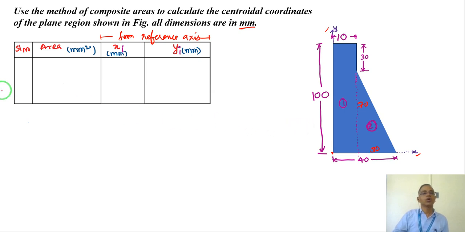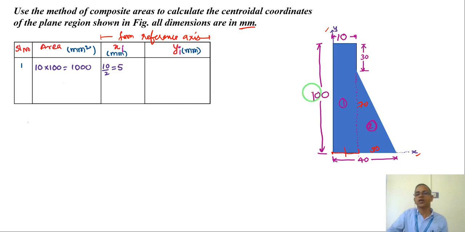Okay. So now let us take area 1, which is 100 into 10, 1000 millimeter square, and for this area, xi means along the x axis, where is the centroid. Along the x axis, this area is up to only here. So half of this 10 millimeter is 5 millimeter. Now along the y axis, again being a rectangle, half of the dimension along the y axis.